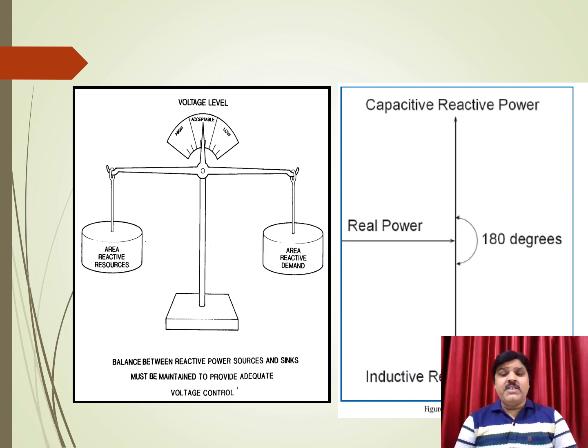We can see in the diagram that inductive reactive power and capacitive reactive power are 180 degrees apart, and theoretically real power and reactive power are 90 degrees apart from each other. So there must be a balance between the reactive power sources and sinks to maintain the proper voltage level.